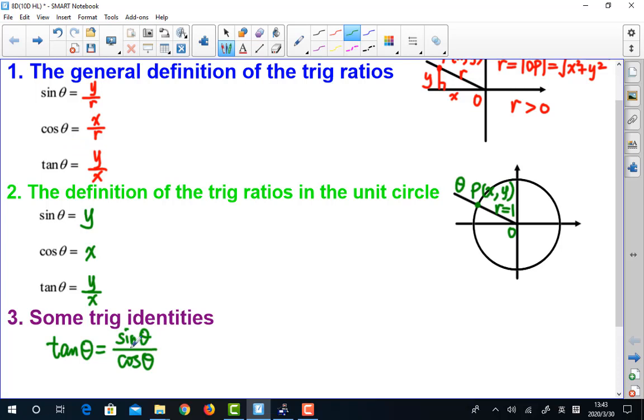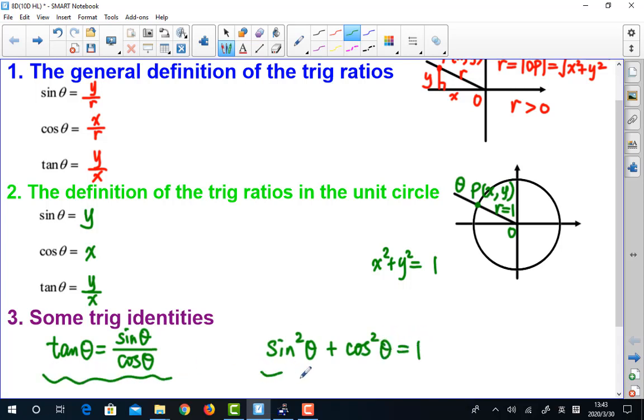And the second trig identity we can derive from either of these two definitions is x squared plus y squared equals 1. The x is cosine theta, y is sine theta, and therefore we have cosine squared theta plus sine squared theta equals 1. But we prefer to write this trig identity as sine squared theta plus cosine squared theta equals 1.